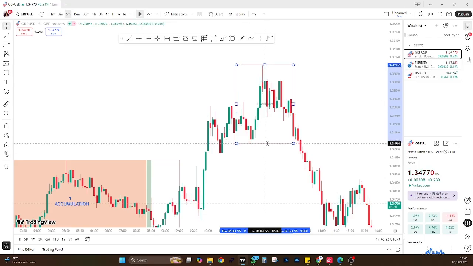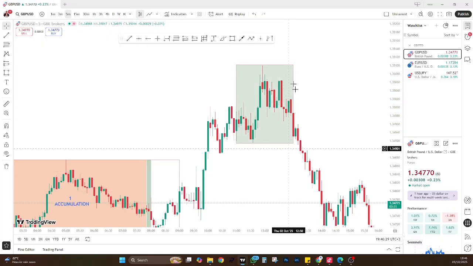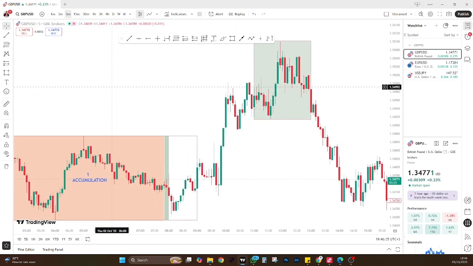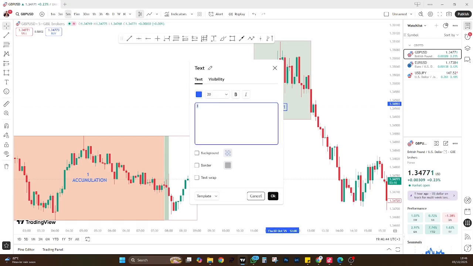You see this move? This is what we call manipulation. So this is our manipulation, and this is our 5 now. This thing is as easy as 1, 2, 3.